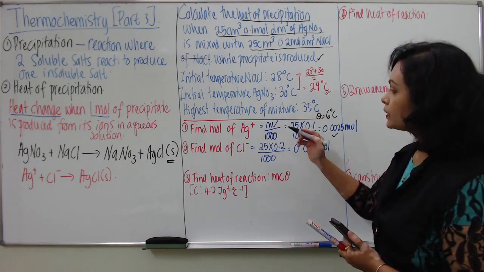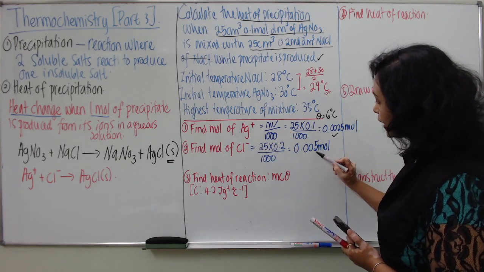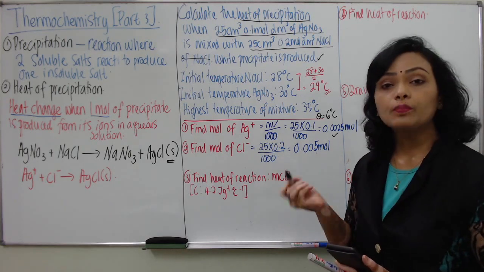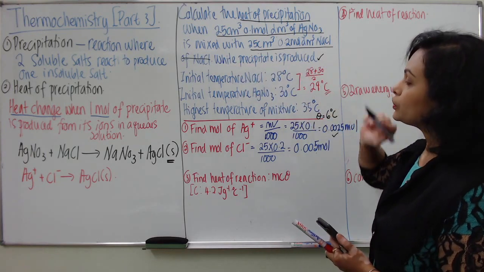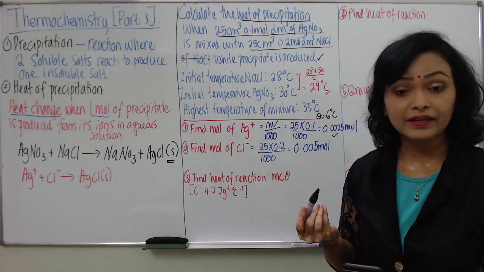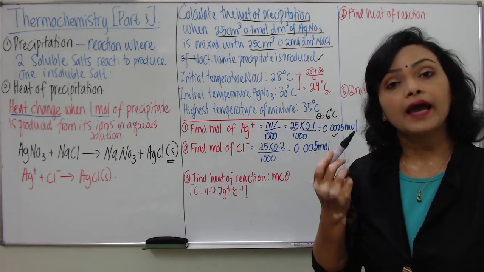Which I repeat, argentum ion and chloride ion did not bring the same amount of mole. In fact, chloride ion is more. But this word, white precipitate is produced, and the temperature, can you see the temperature has indeed increased. So these are the two indications that the reaction has happened.